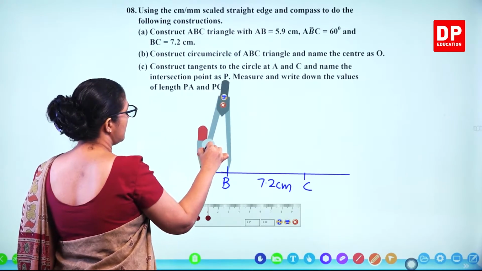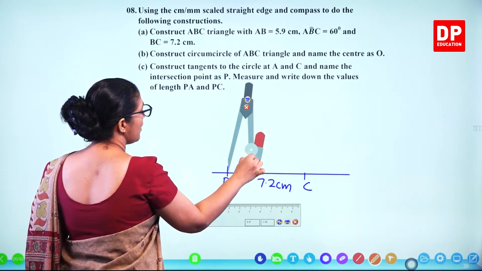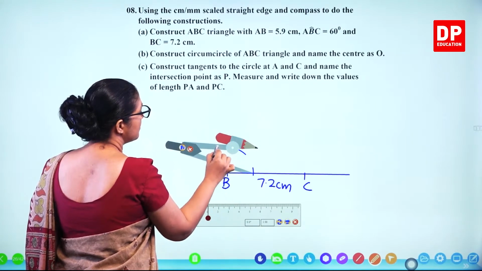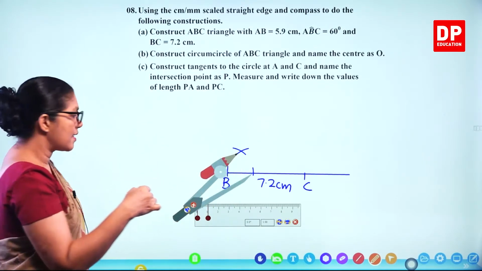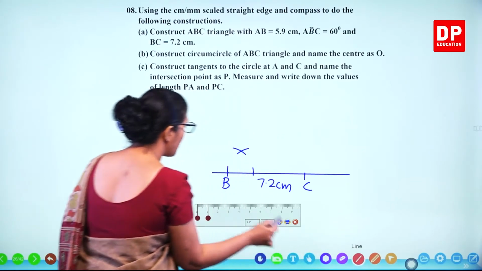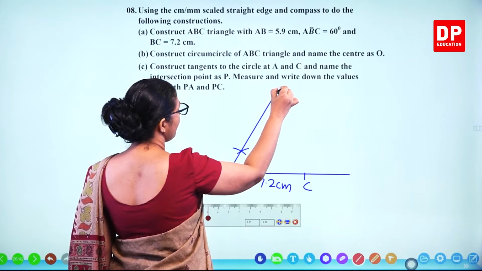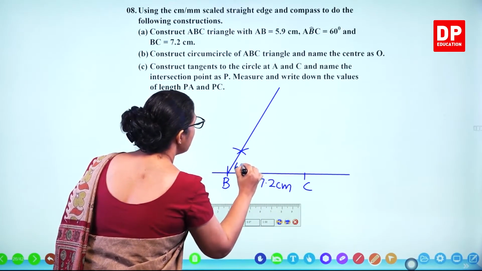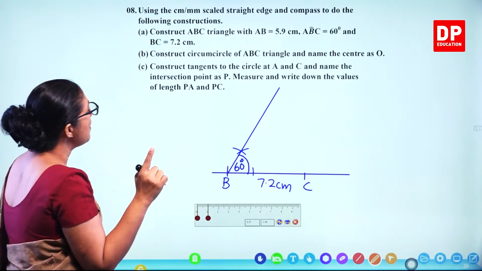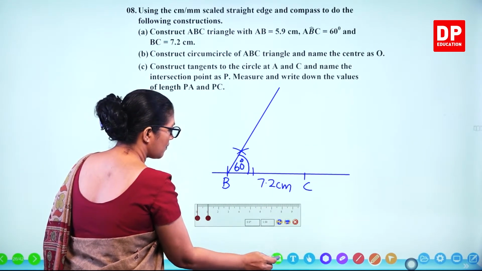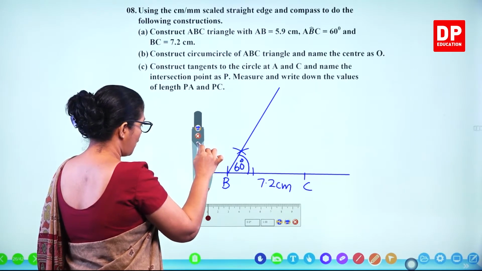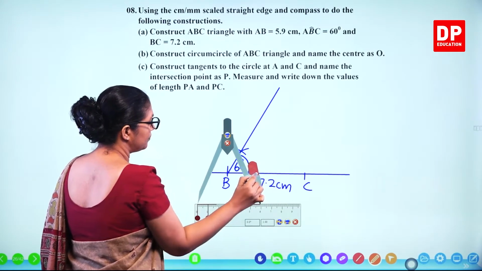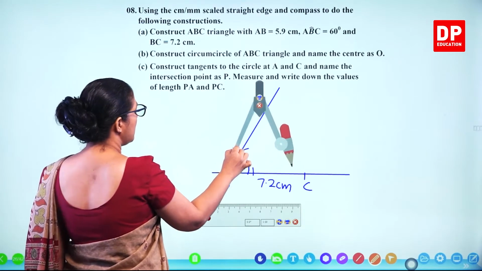You take a certain distance. You can draw an arc here, an arc in the middle, and another arc somewhere here, so that you get the intersecting point. So we use the property of an equilateral triangle. That's 60 degrees. Then you have to mark point A. That's AB is 5.9. You have to measure 5.9 and mark the point A.